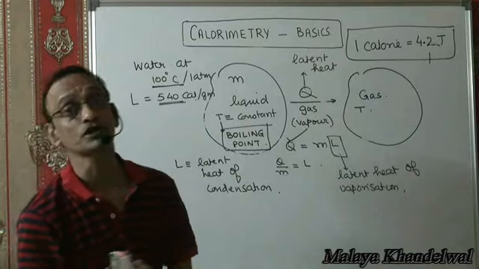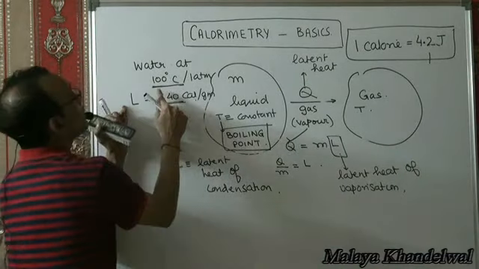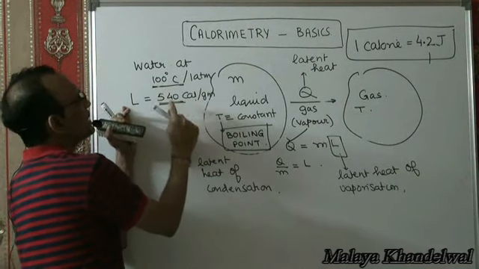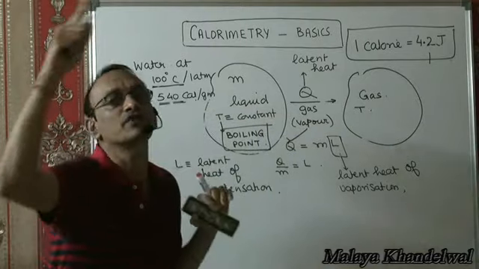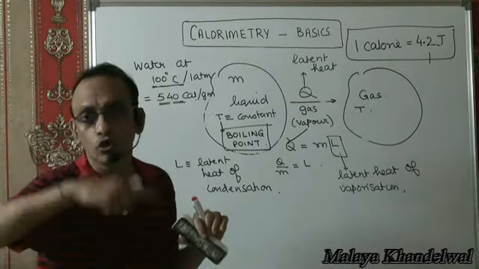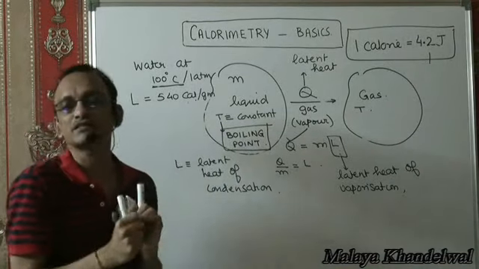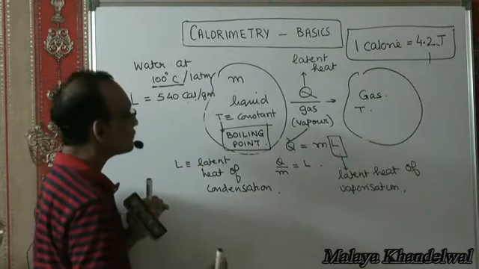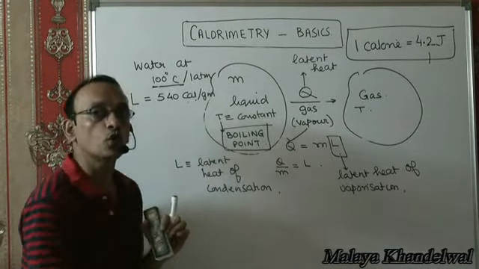And when the same vapor or steam condenses, right? So, water at 100 degrees centigrade, every gram, if that's given 540 calories, it will get converted into steam. 1 gram of water will get converted into 1 gram of steam if 540 calories is supplied to every gram. Now, if I have steam to be converted into water, what would that process be?